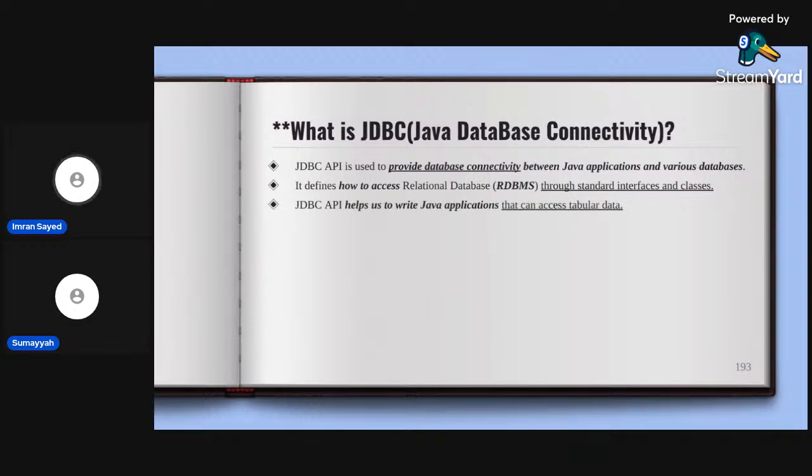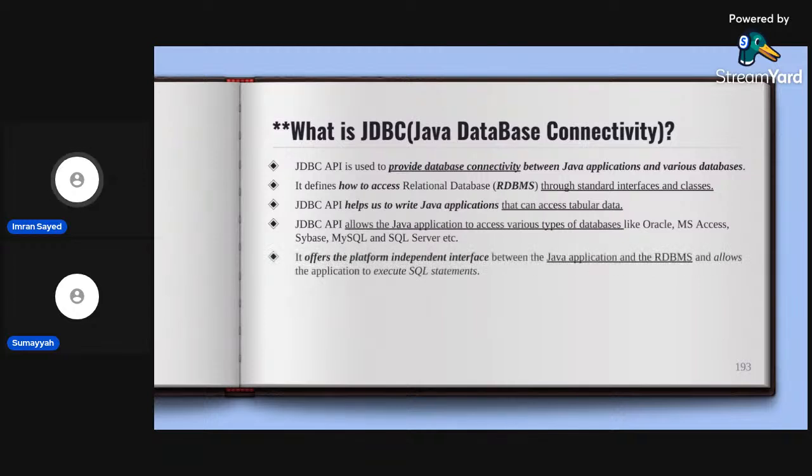This API helps us to write Java applications that can access tabular data, and it allows Java applications to access various types of databases like Oracle, MS Access, MySQL, SQL Server, IBM DB2. It offers a platform independent interface between the Java application and the RDBMS, and allows the application to execute SQL statements.